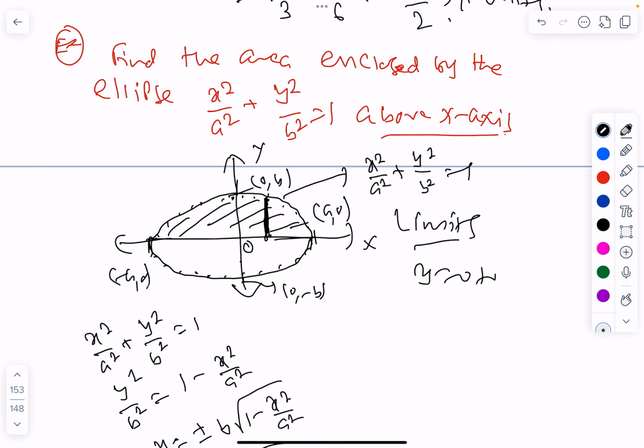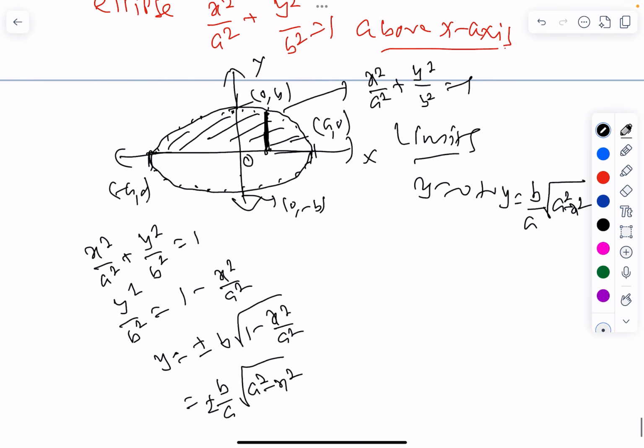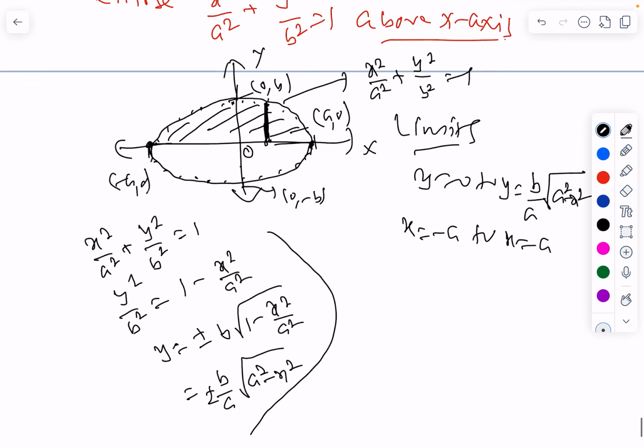So, but here on the positive side, so we write y equal to b by a root of a square minus x square. And x is from minus a to x is a. Here x is minus a and here x is equal to a.